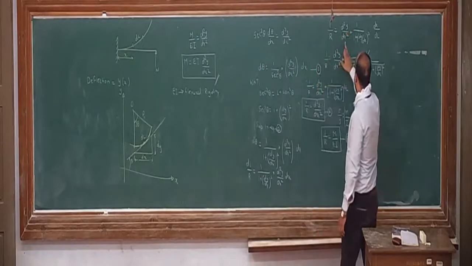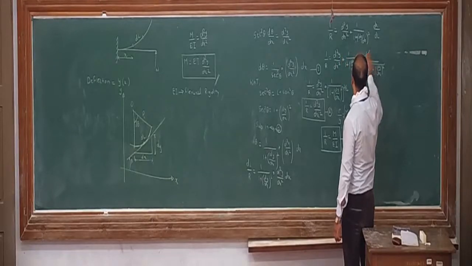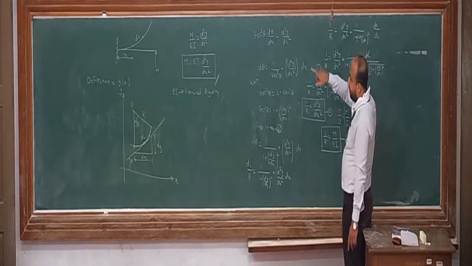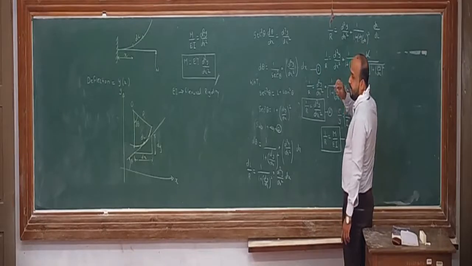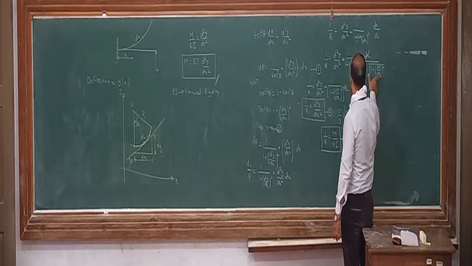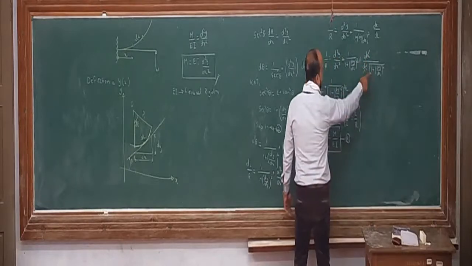Here dx and dx will get cancelled. From previously, dl is equal to under root dx square plus dy square. So that dl I will substitute here. Once I substitute that dl, these things will get cancelled. So this dx and this dx will go, then this will remain.